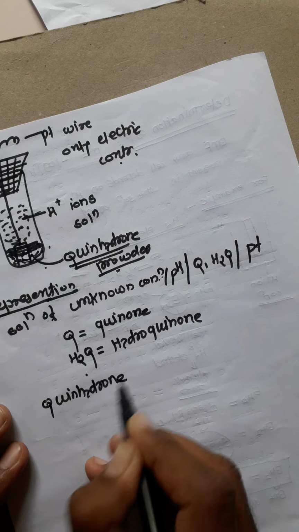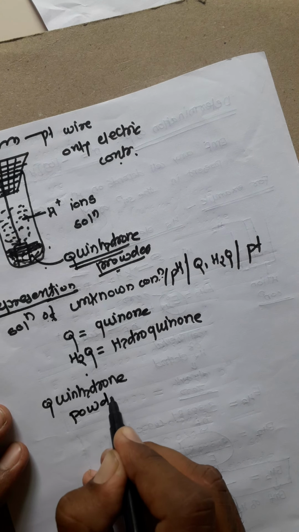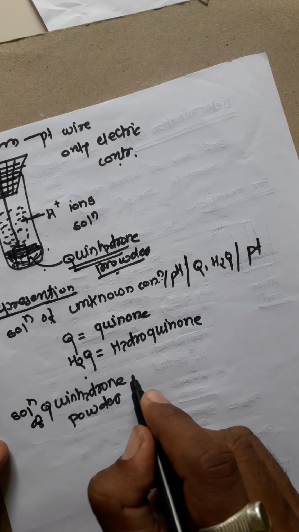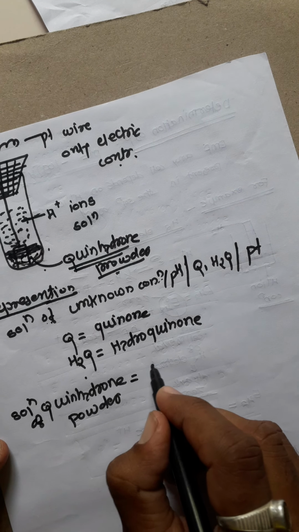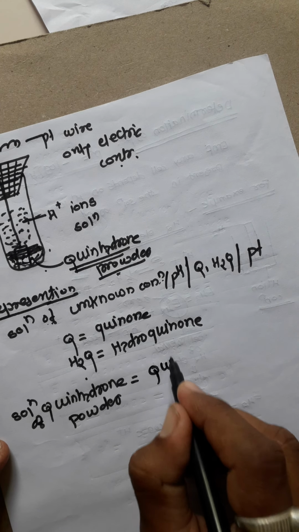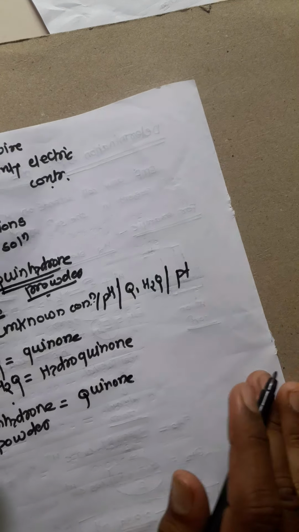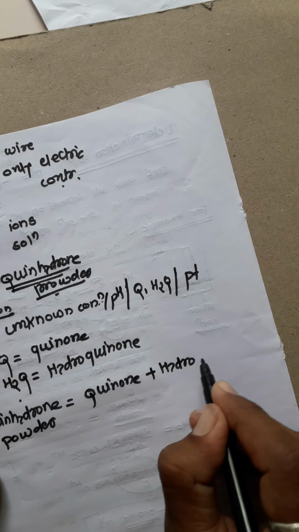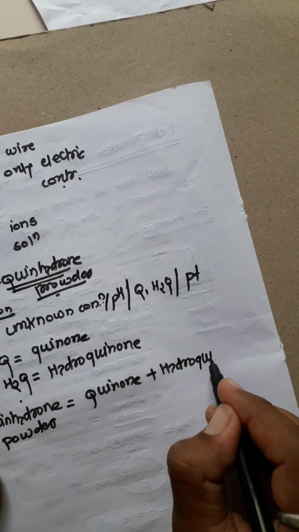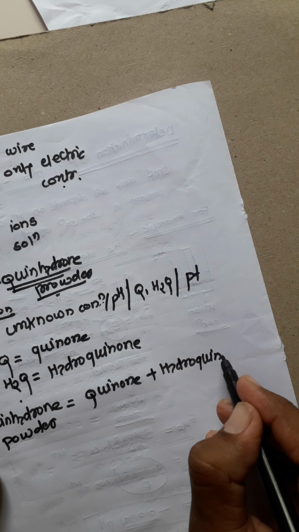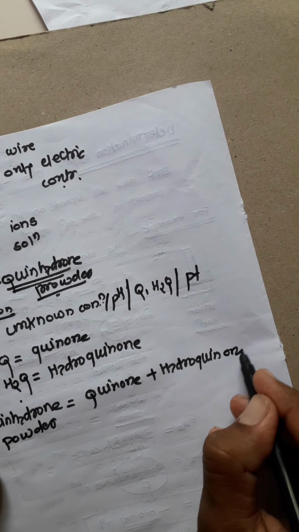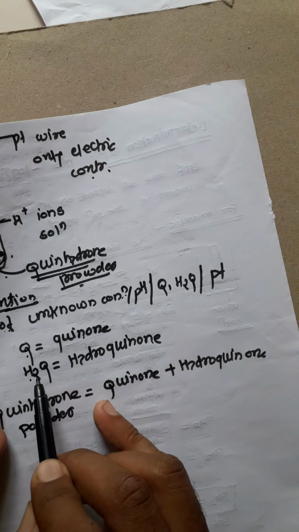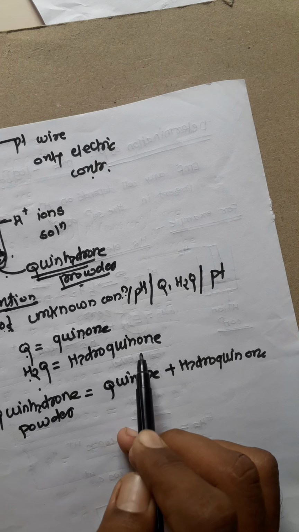Quinhydrone powder, or the solution of quinhydrone powder, is equal to equimolar quantities of quinone plus hydroquinone. Q is the quinone and H2Q means hydroquinone.